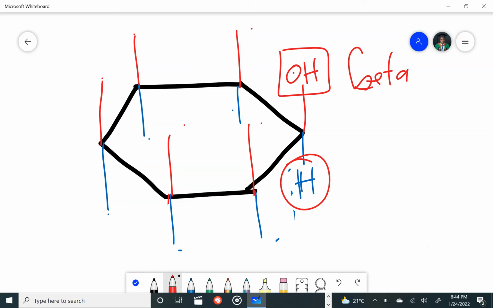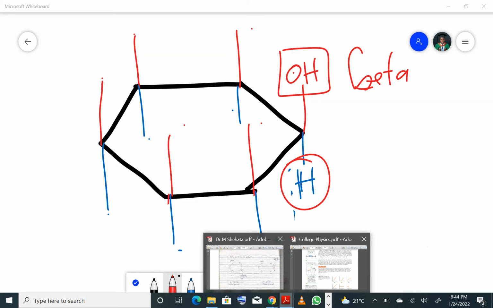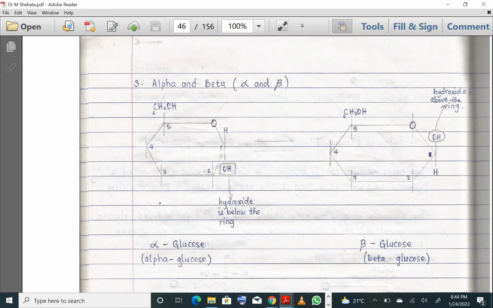So if it's beta, then the hydroxide is above the ring. That's what they mean, that's the context, I should say. So when they say the hydroxyl group is below the ring, it's alpha glucose. When you see the OH above the ring and hydrogen down, that's beta glucose.